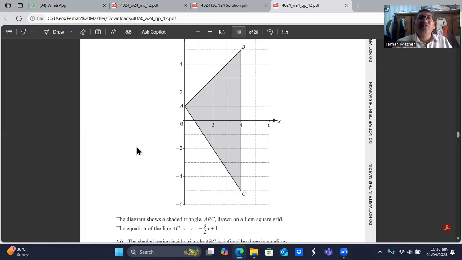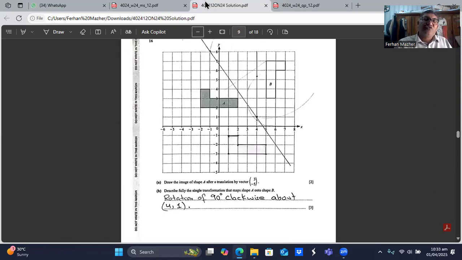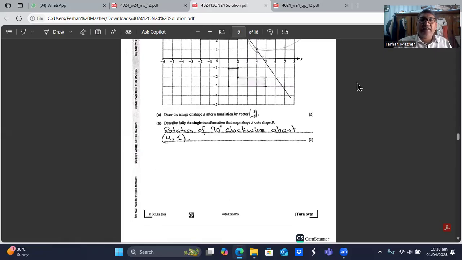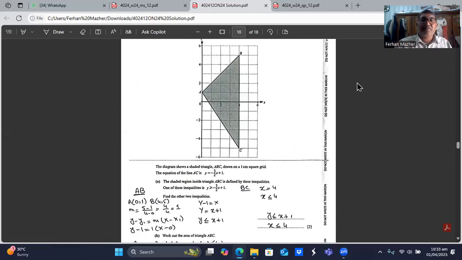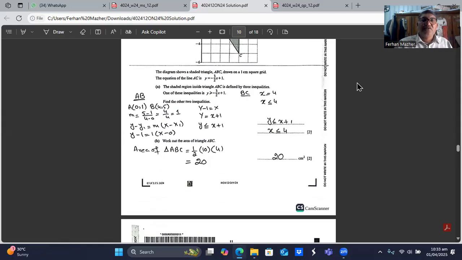Its coordinates are 0, 1, B, its coordinates are 4, 5. So first of all, I will find the equation of the AB, and then I will write its inequality.